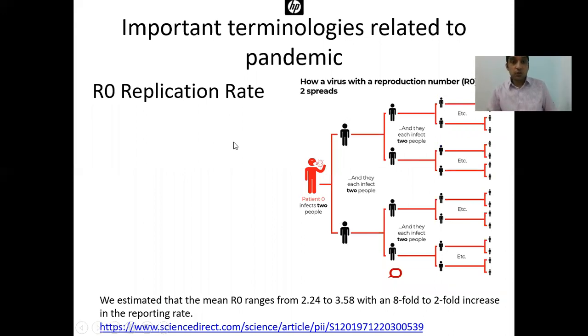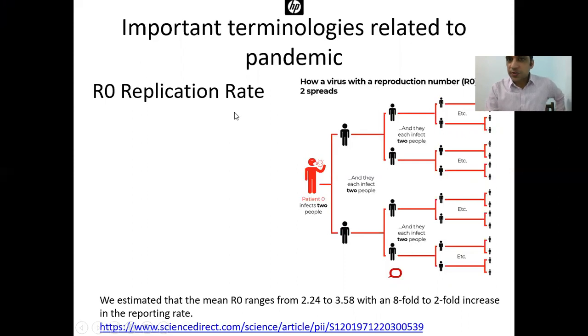The next thing you need to know about this virus, particularly the reason for the pandemic, the coronavirus, is certain important terms. The first term you should know is about the virus's ability to replicate itself, or its ability to infect other people. It is called R0.